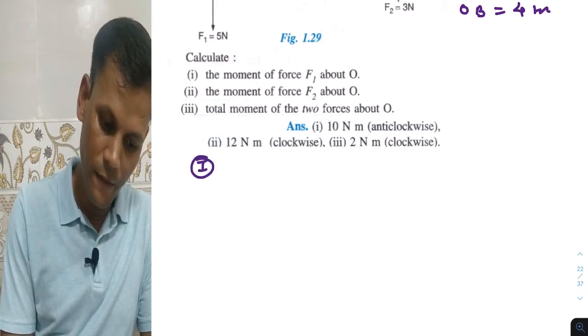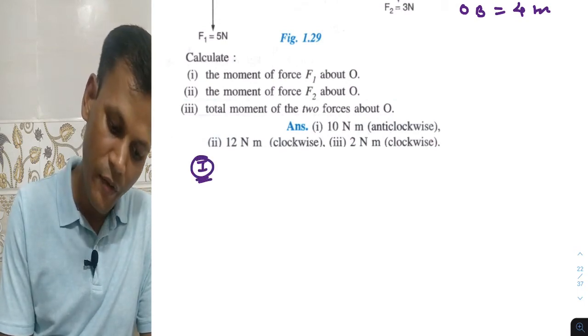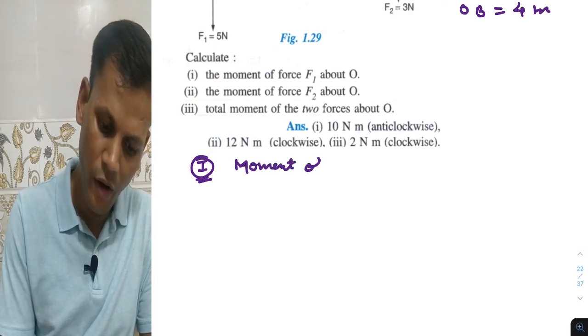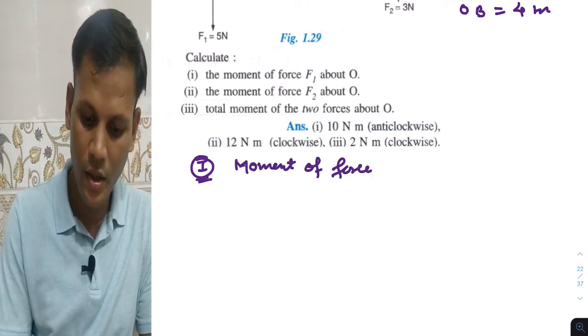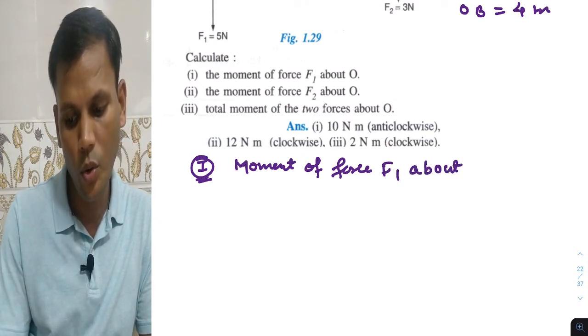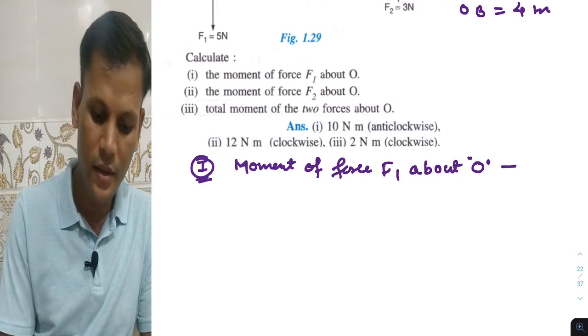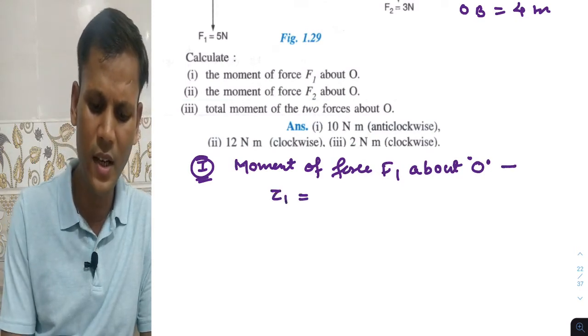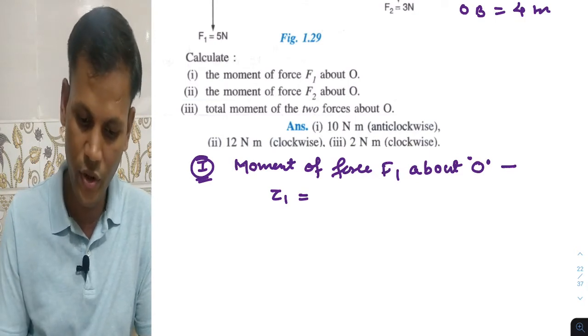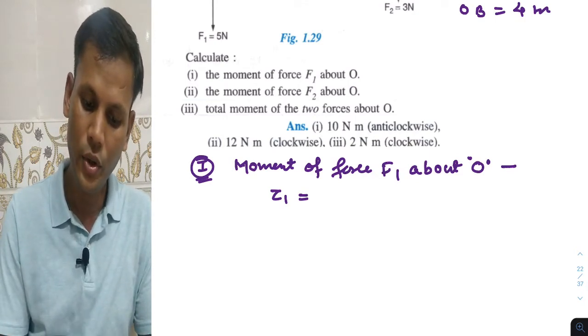So first part, moment of force F1 about O. It will be tau 1, I will say, because in 2-3 points they have asked, so the notations should be different.